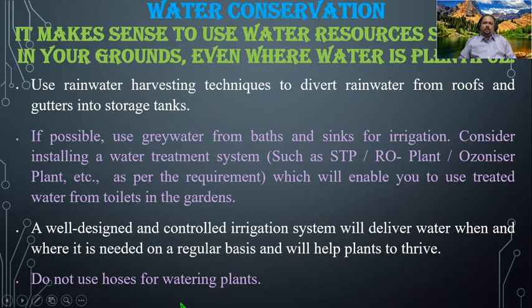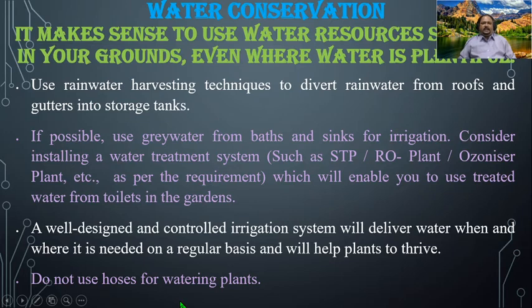Consider installing a water treatment system or a water treatment plant such as STP, sewage treatment plant, or RO plant, or ozonizer plants, etc., as per the requirement and as per the availability, which will enable you to use treated water from toilets in the gardens.